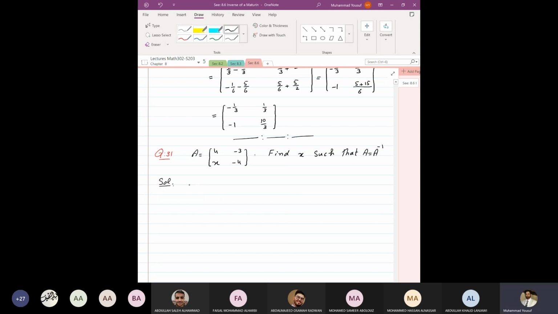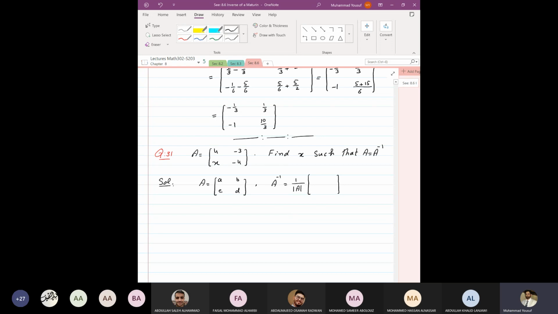For a 2 by 2 matrix, you have already seen this, that if it is a, b, c, d, a 2 by 2 matrix, then A inverse is obtained as 1 over determinant of A, and then the matrix of cofactor transpose. We can write it directly.